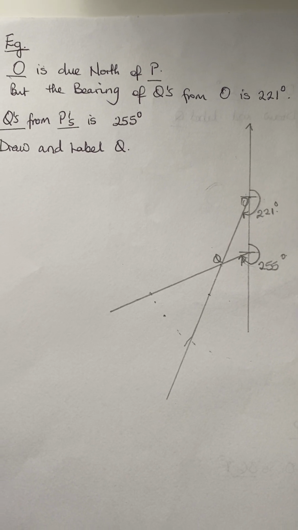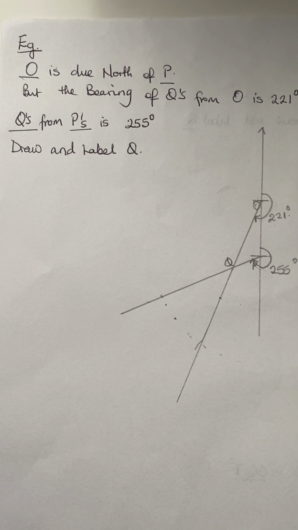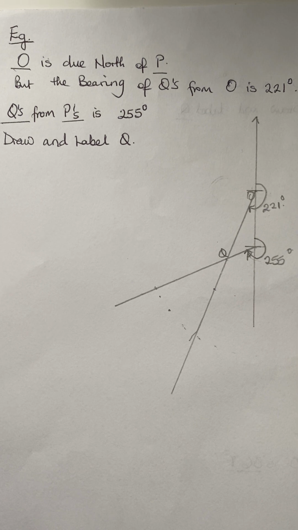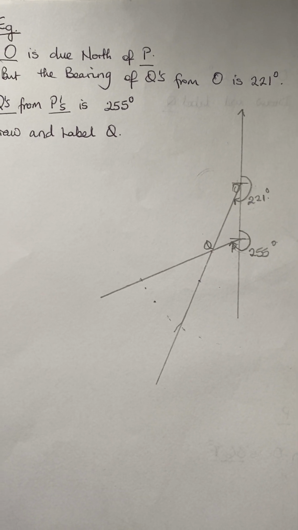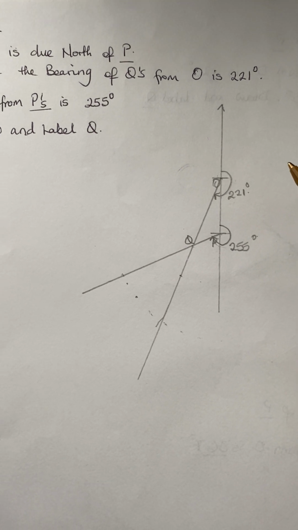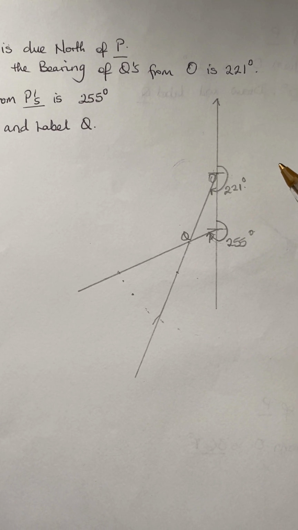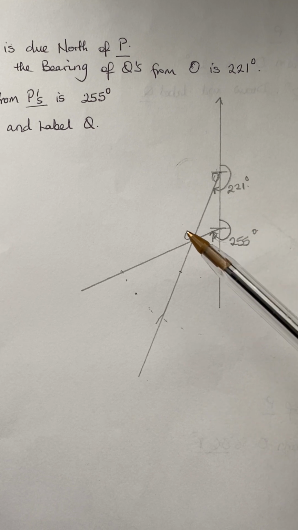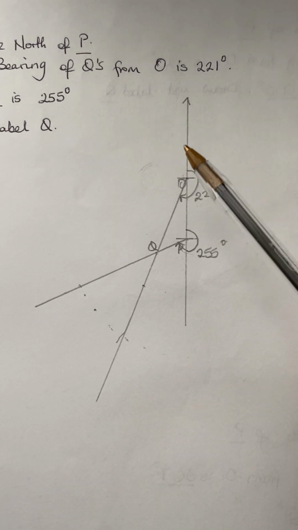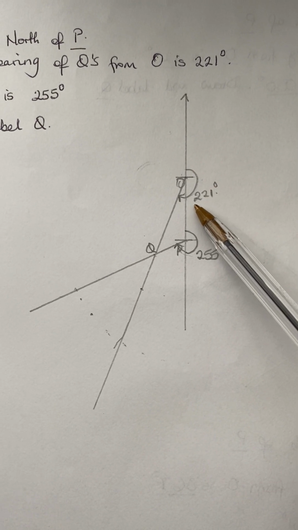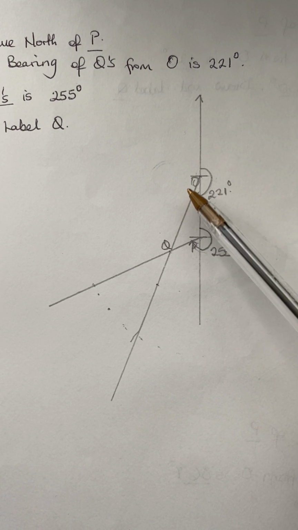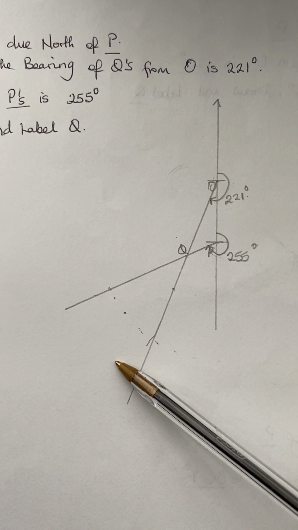Try and understand that under exam condition, if they ask you to draw, you have to draw to scale. And one of the things that will help you is to figure your bearing in 4 quadrants. So immediately you see 211, you know that you are going to be getting a line in the 3rd quadrant.